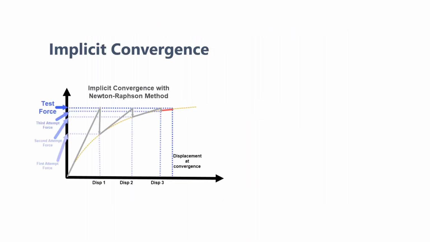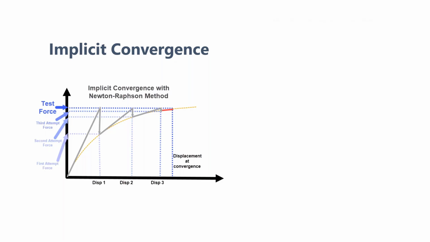Now, another component that's really integral to this implicit approach is the concept of convergence at different load steps or time steps. Whenever you're running a nonlinear analysis, what you're really doing is running a test force on your system. If this graph looks a little messy, I'll try to break it down into steps.